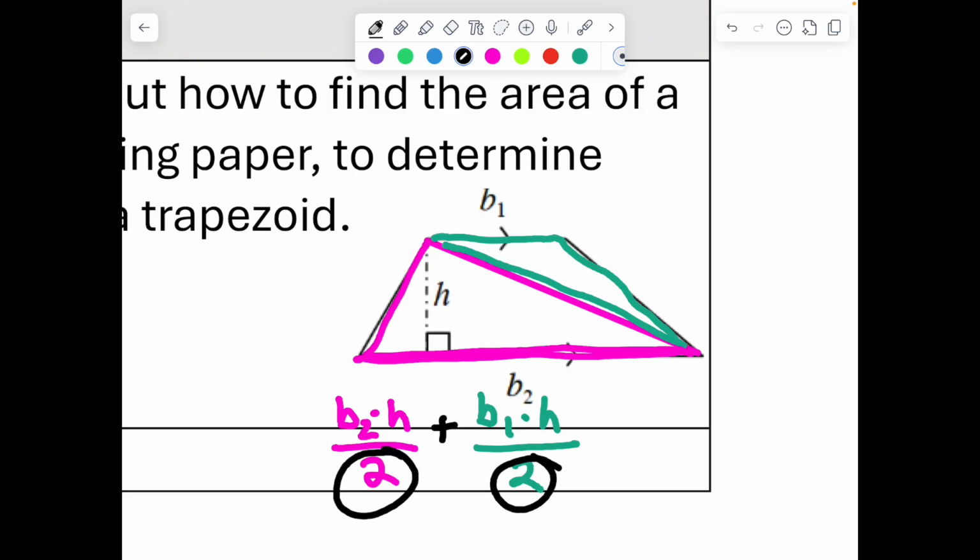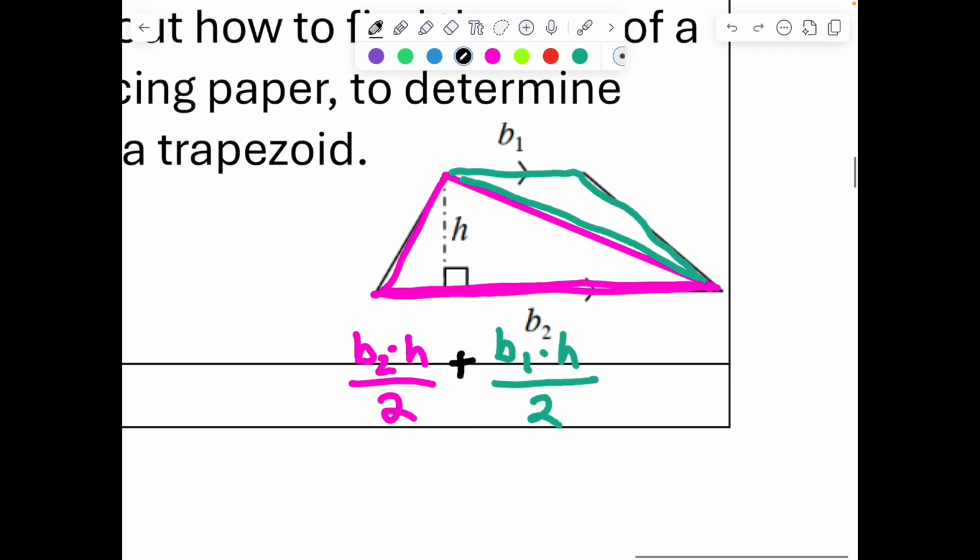And I'm noticing that these both have denominators of 2, and they're both multiplied by the height. So I'm going to simplify this formula a little bit for us here. I'm going to take this height that we both have and bring it out. And I'm going to multiply both the base, let's change the order here, the base 1 plus the base 2.